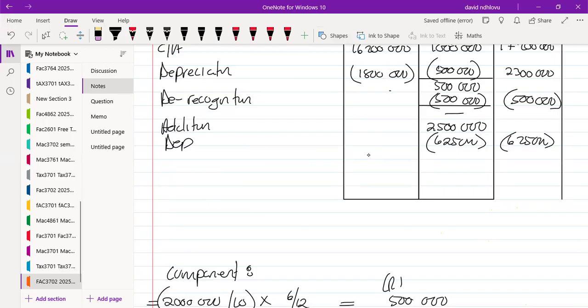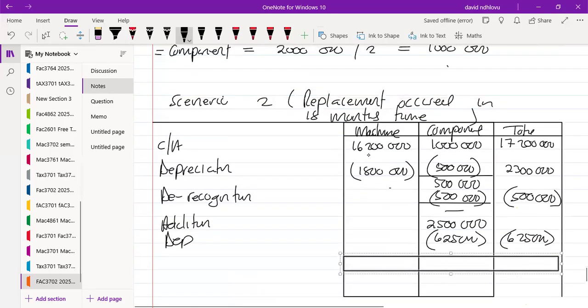So remember, this is not the PPE note. This is calculation again, isn't it? You are still going to progress from here and compile the PPE note if they wanted that. Right, so we then have a figure of 14. Right, so this is the amount that we are going to have, 14,400. Right, here we now have 2.5 minus 625,000.